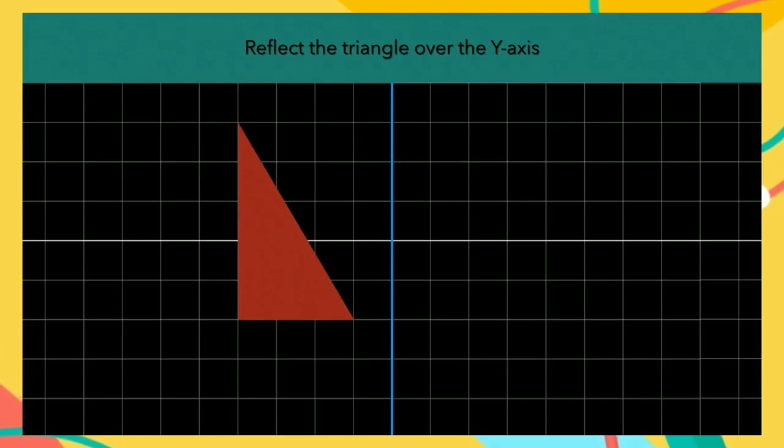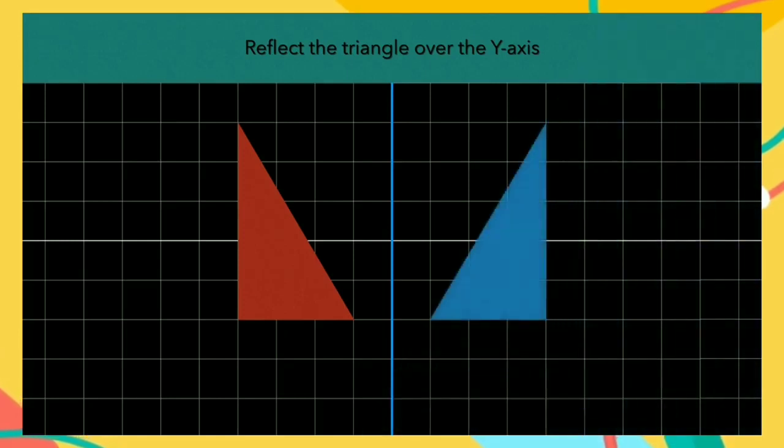And reflect it face to face, and the distance must be the same. The red one is 1 step from the y-axis, so the blue one is 1 step too.